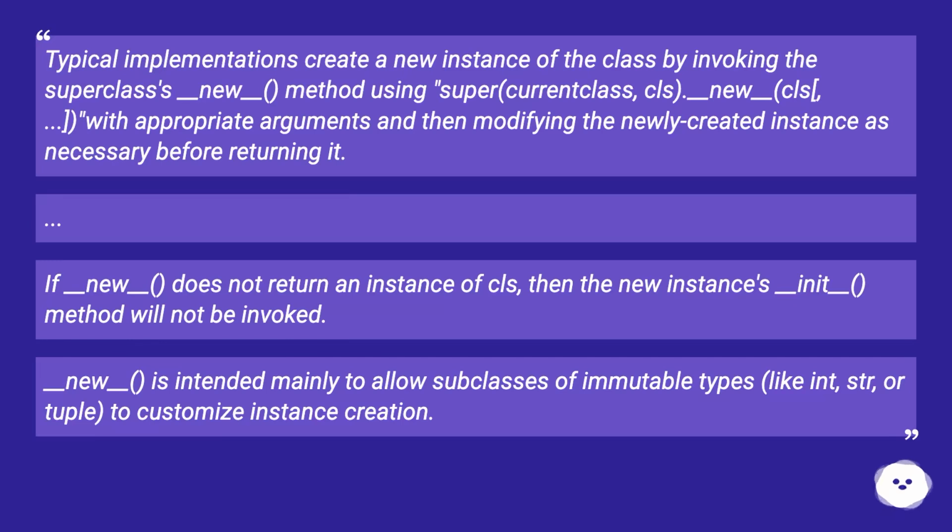If __new__ does not return an instance of cls, then the new instance's __init__ method will not be invoked. __new__ is intended mainly to allow subclasses of immutable types like int, str, or tuple to customize instance creation.